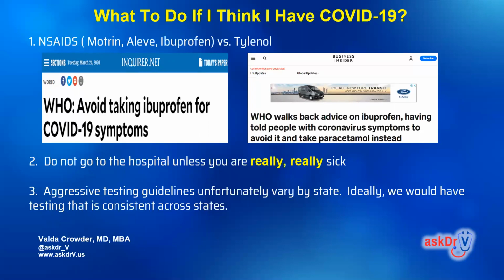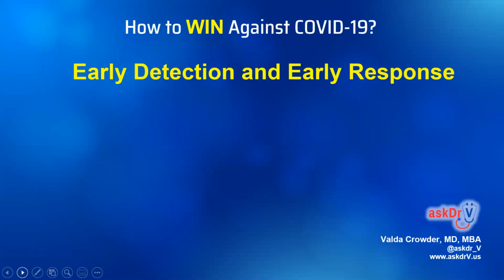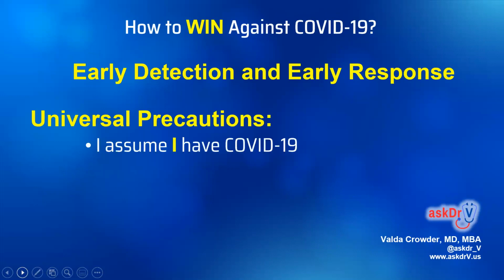A lot of people ask me about testing. Unfortunately, the testing varies by state. It would be ideal if we had testing that was federally and similarly mandated across state lines. How do you win against COVID? Early detection and early response are the key. Testing, testing, testing. Also, universal precautions.